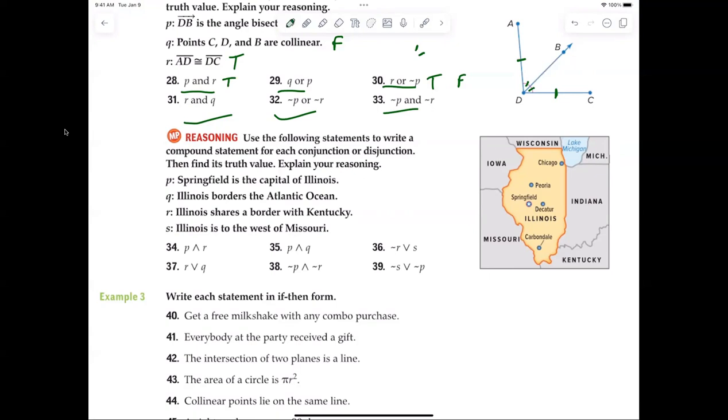I'm so happy with your question, but listen to me. The rule is in a disjunction, which is the or statement, only one of them has to be true, or they both can be true. That's just the rules of the game.